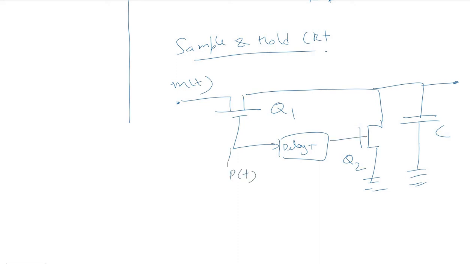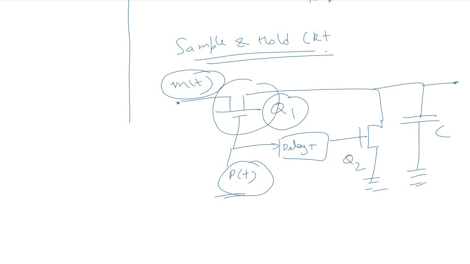If you look at this sample and hold circuit, a periodic pulse train PT operates this transistor switch Q1. It closes this switch and allows instantaneous samples of this analog signal. So instantaneous sampling takes place at this point, right?